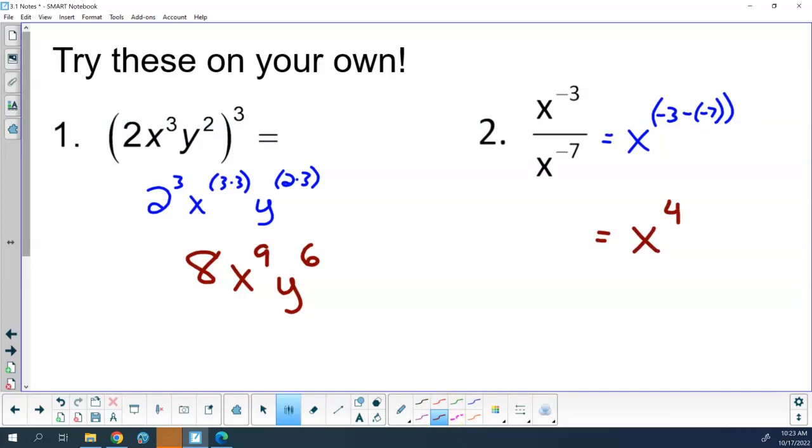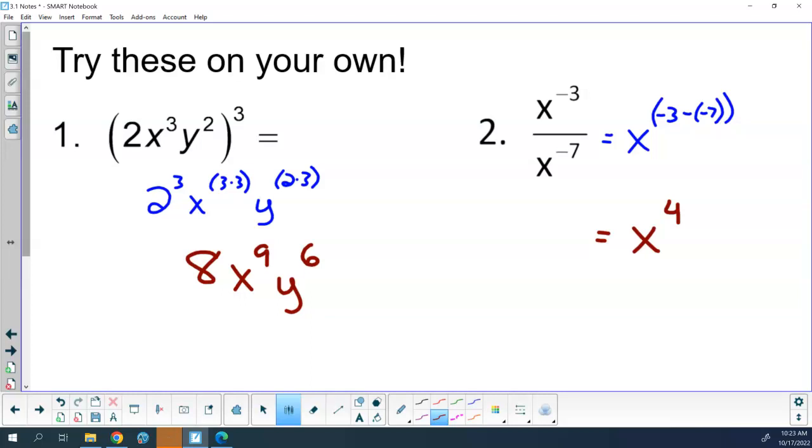You could also have made them positive exponents first by taking x to the negative 3 power and moving it to the bottom, then it becomes x to the positive 3 power. Taking x to the negative 7 power, moving it to the top, making it x to the 7th power, and then you can subtract 7 minus 3 gets you 4.